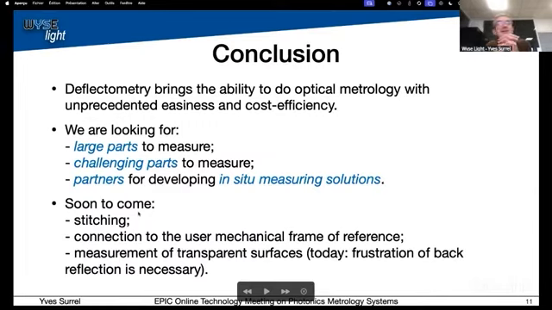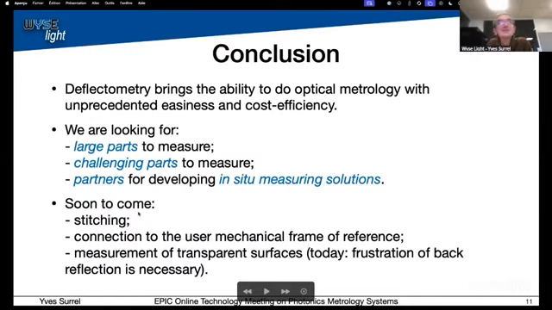And so we are looking for a large part to measure. By the way, in terms of diameter that we can measure, unfortunately, the answer to this question is not unequivocal, because the size of parts we can measure depends also on the curvature.